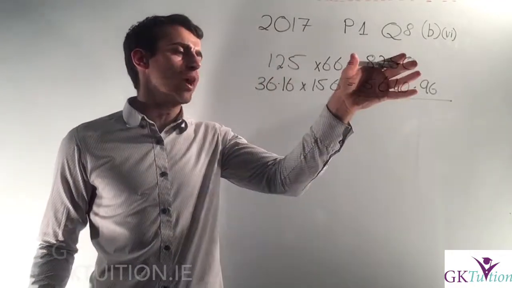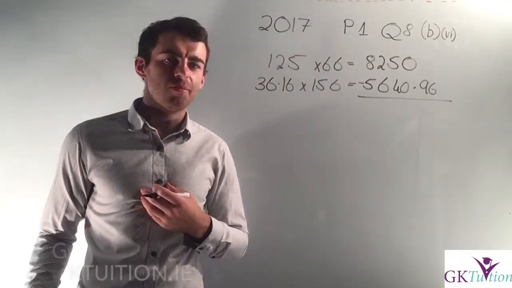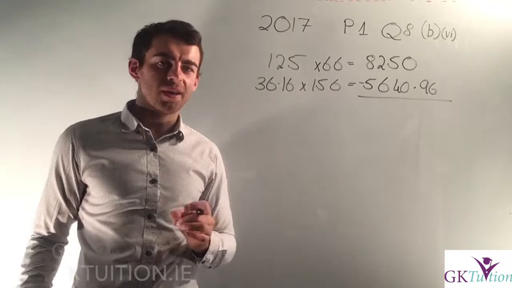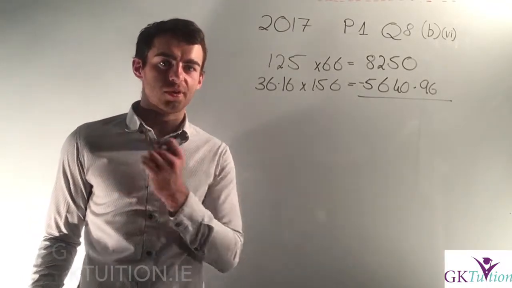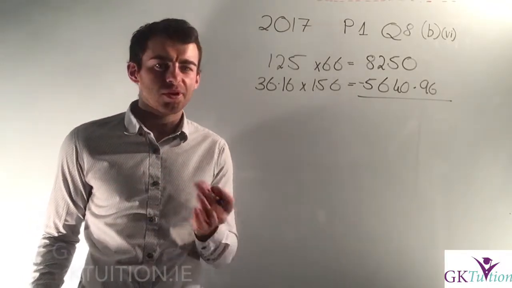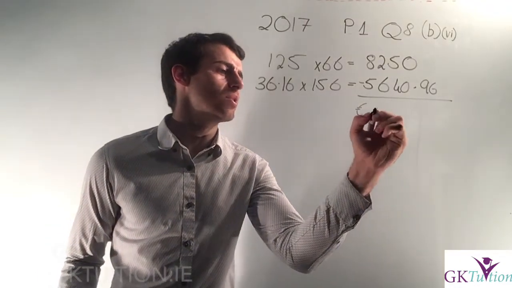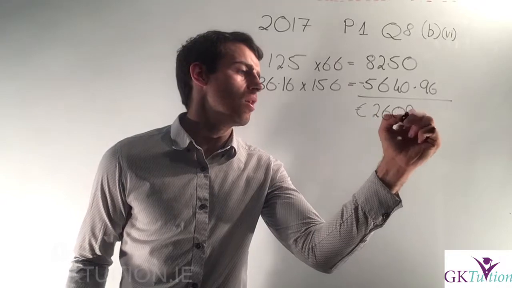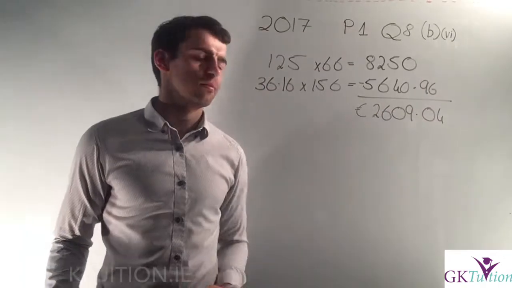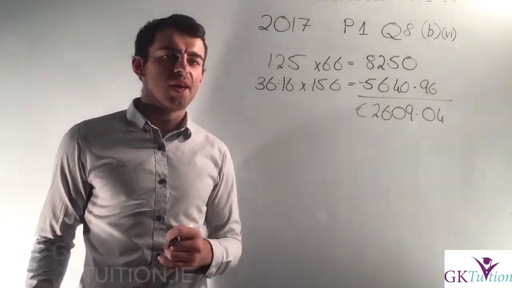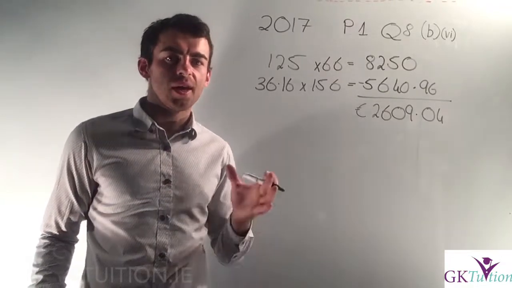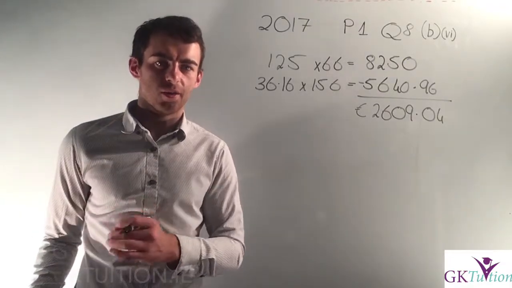So clearly, if I subtract these two values, that tells me how much money he saves by paying the loan back to the credit union as opposed to the credit card company. Again, because it's money, it makes sense to go to 2 decimal places. So in this case, that means he would save €2,609.04. Okay, so that's the amount of money he'd save if he took a loan out from the credit union as opposed to just paying back the credit card company.